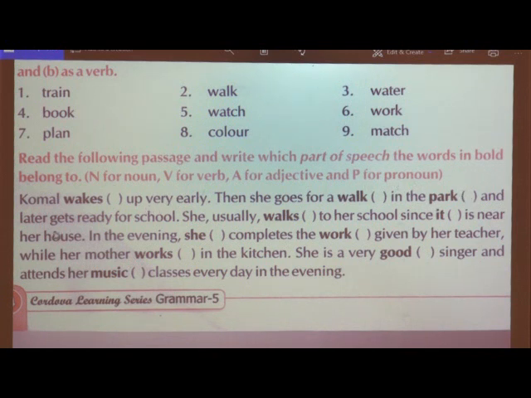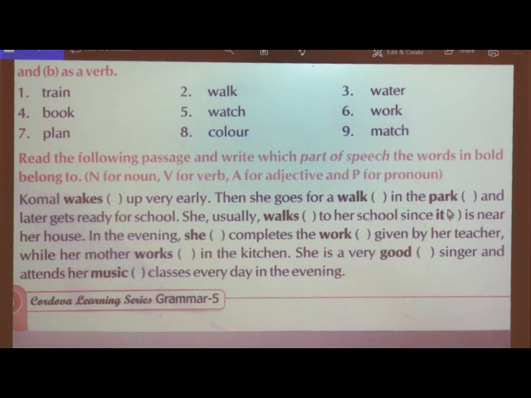And later gets ready for school. Then she usually walks. Now, this is one action, so you write V over here, verb. To her school, since it is near her house. Now, what is it? It is a pronoun. It is used instead of a noun.